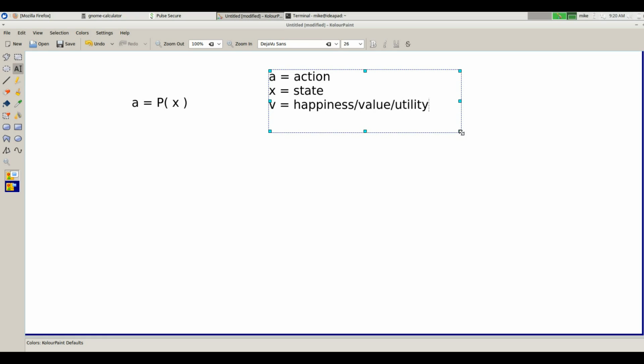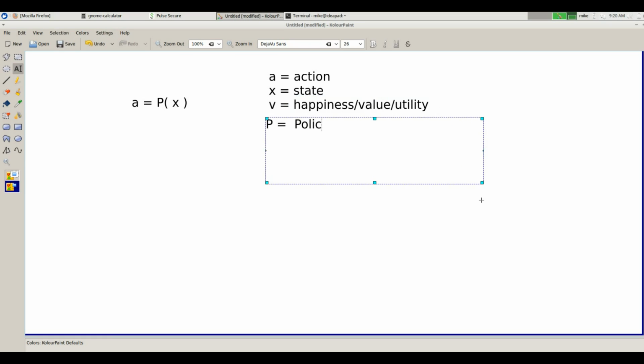Not quite reward, because anticipation of a reward is more what we're associating with value, at least according to the Bellman equation. And yeah, at most we approximate a Bellman equation in our heads, if we even do that. Okay, I'm going to say P here is a policy function. A policy maps from state to action, as indicated by that equation. You with me? Okay. So if what you do is based on your state, then you've got a policy.